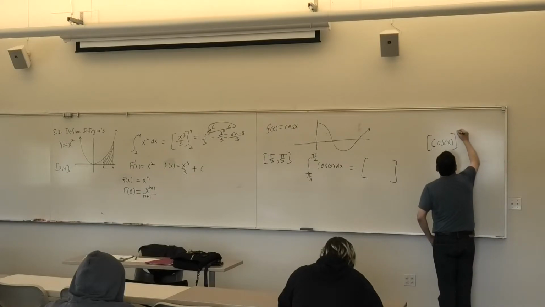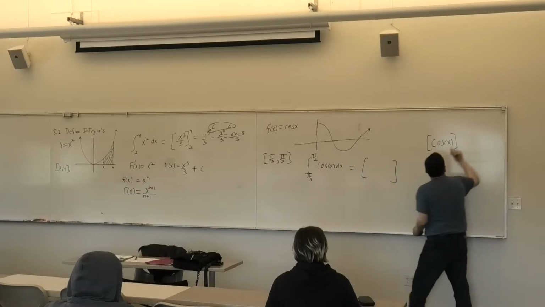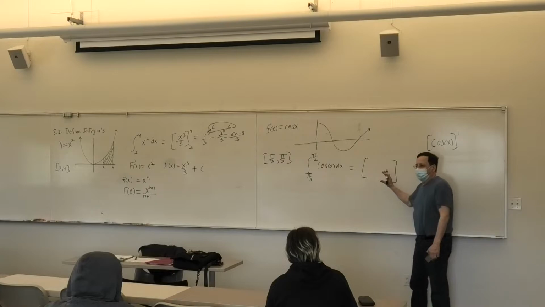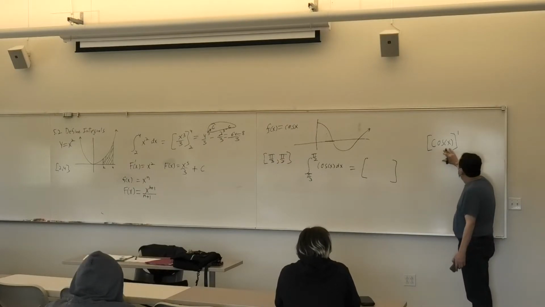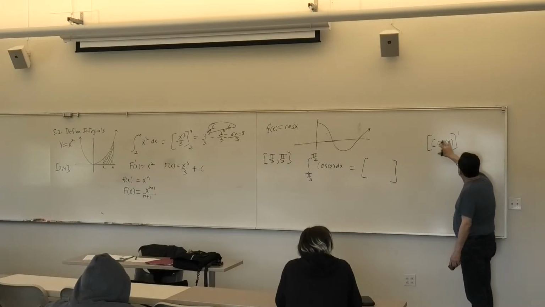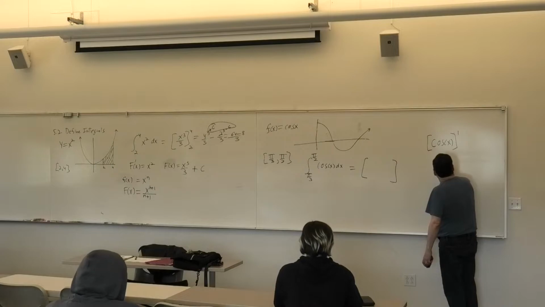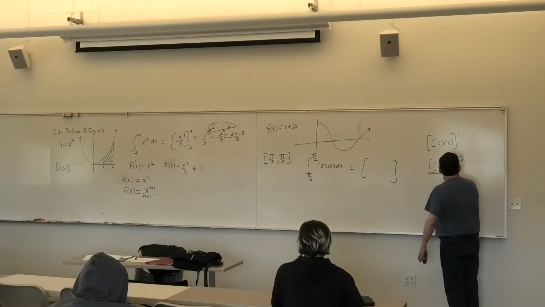Sine of x? No, that would be the antiderivative. Wait, we're going to get there. Patience. No, Jimmy brings up a good point. This is a function to the first power. Maybe the antiderivative is cosine to the second power over 2.